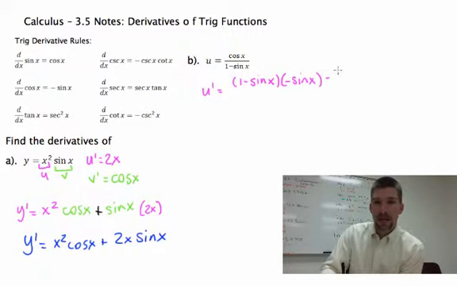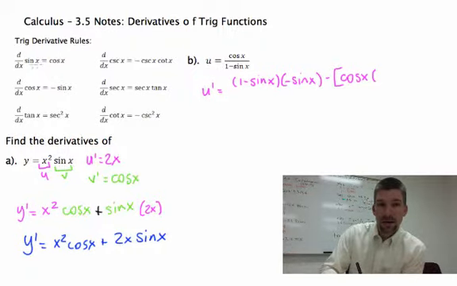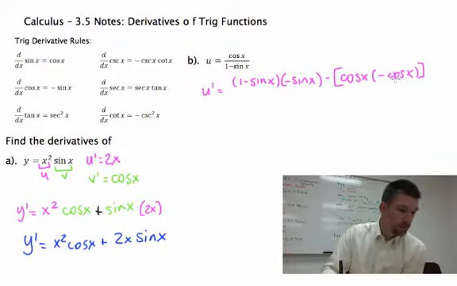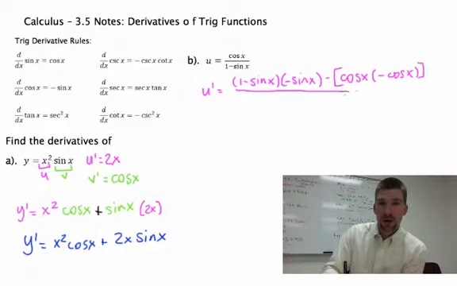Minus high d low, well, derivative of 1 is 0. Derivative of sine is cosine. So negative cosine x. All over 1 minus sine x squared.